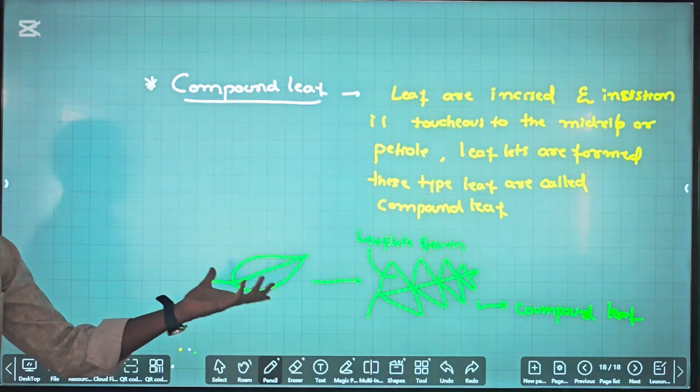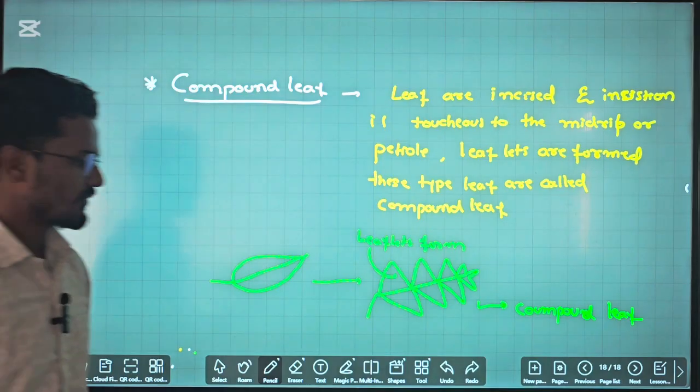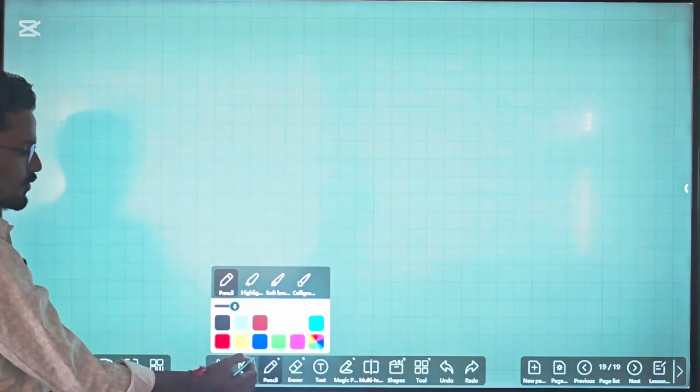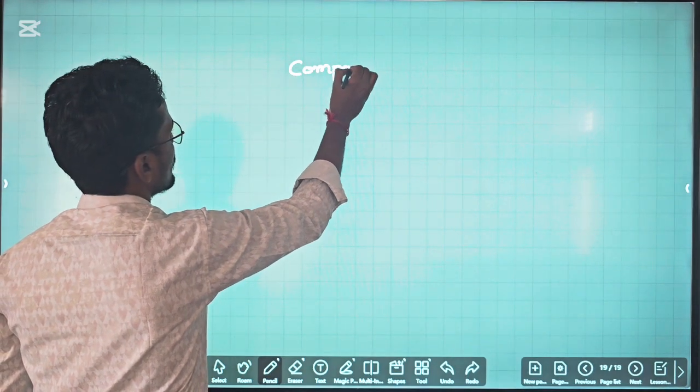Next, we will understand that in compound leaves there are two types, which we will see in the next slide.